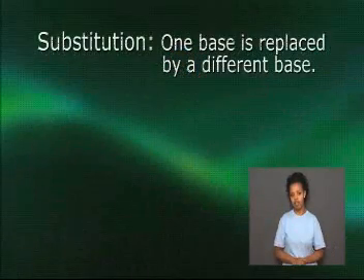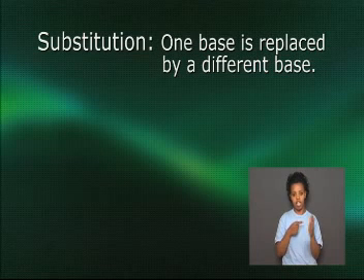Welcome back, students. I am sure that you had no trouble completing this activity. The first type of point mutation we discussed was substitution. This occurs when one base is replaced by a different base.